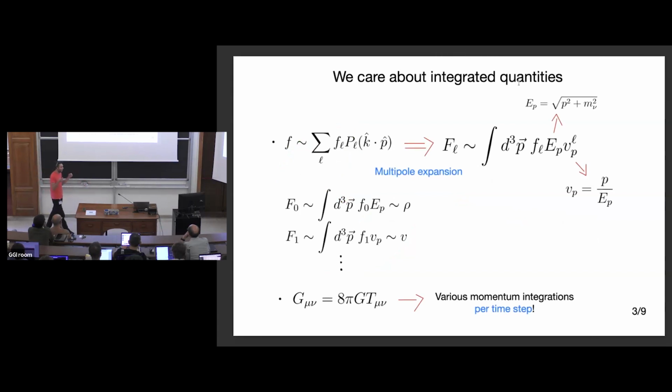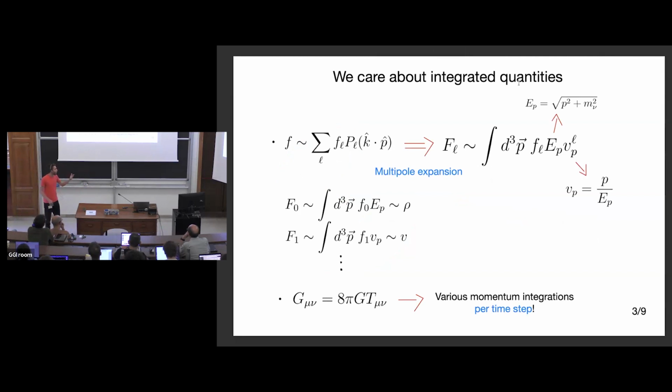Good. But at the end of the day, we have to solve equations in phase space, but we don't actually care about phase space in a way. We only care about integrated quantities. So we write a multipole expansion for the distribution function in terms of the angles between the wave number and the momenta.